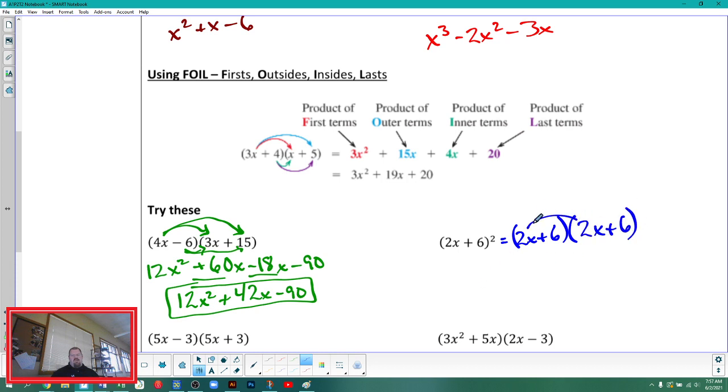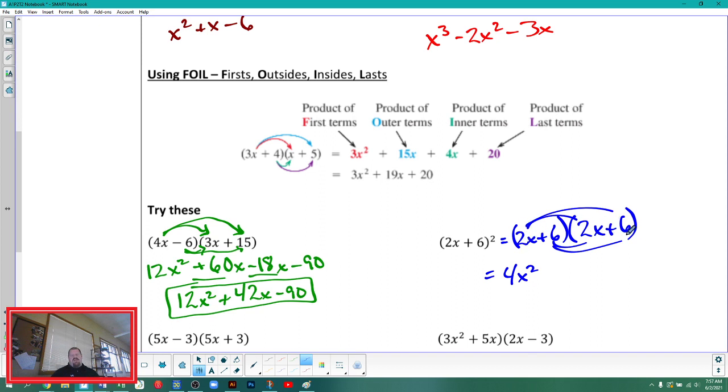Okay, now I'm just going to do my FOIL. I'm going to take my first, outsides, insides, and lasts. 2x times 2x is 4x squared, which happens to be 2x squared. I'm also going to get that 6 squared at the end, but it's the inside part that messes people up.